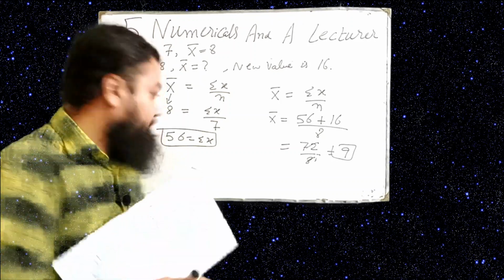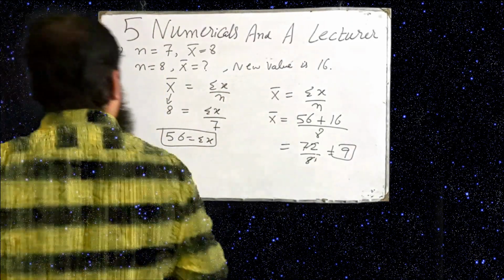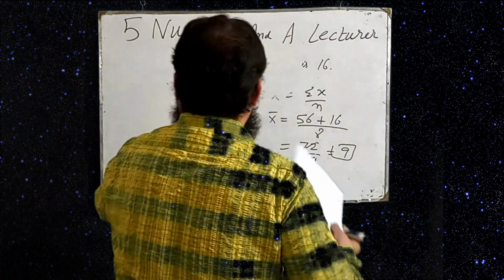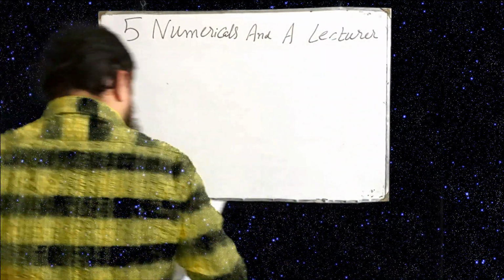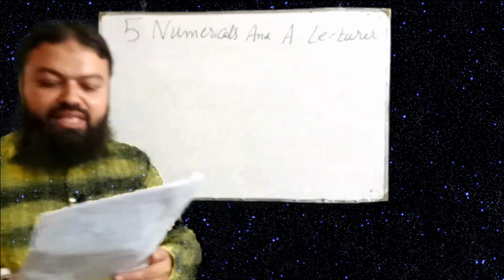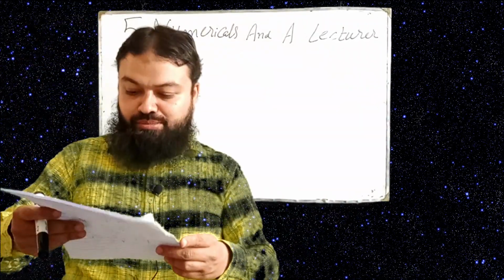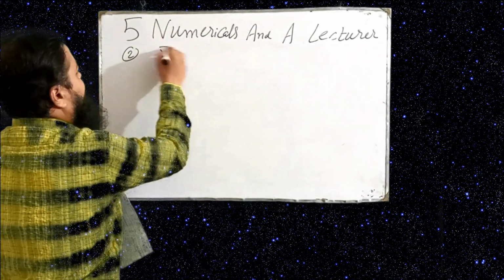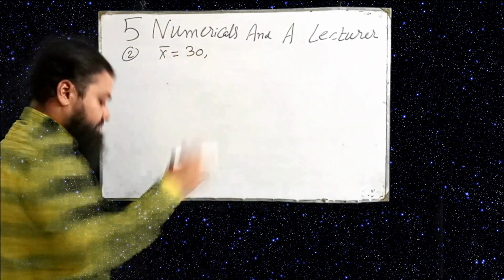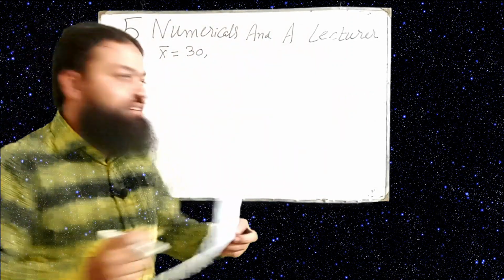Now question number 2. In a moderately skewed distribution, mean is 30 and mode is 36.